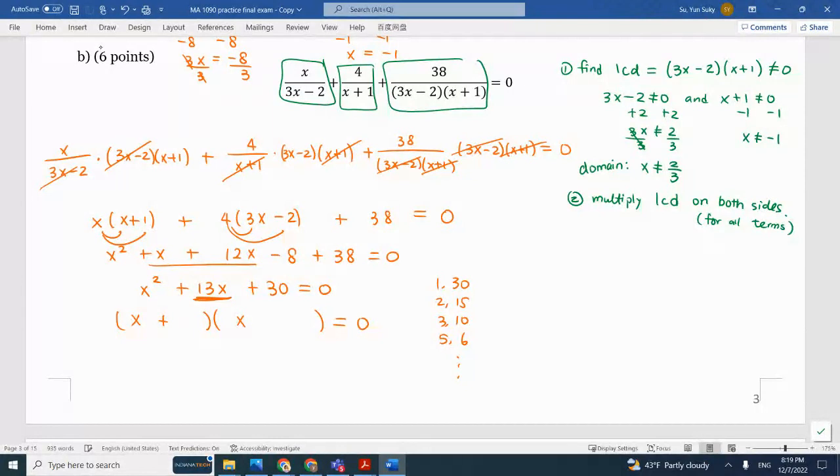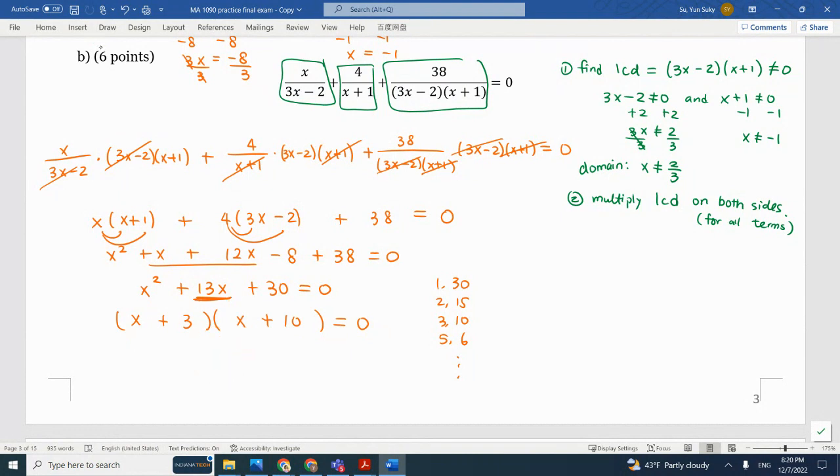After you try all of these, you realize 3 and 10 will give you 10x, and 3 times x is 3x. You add them up, you get 13x. Okay? And now we have the product of two factors equals 0.